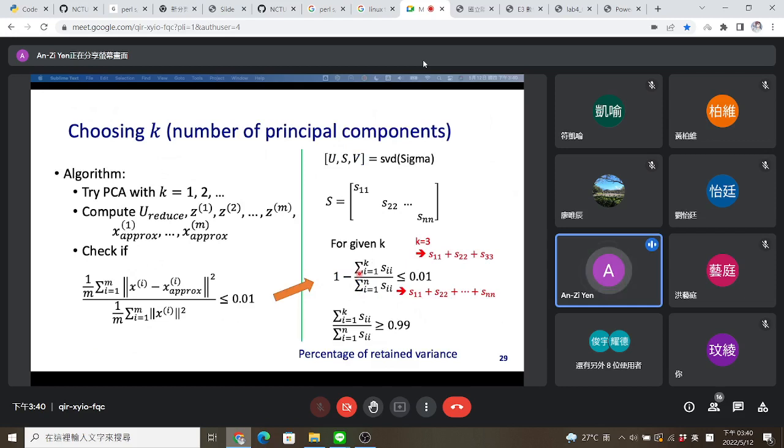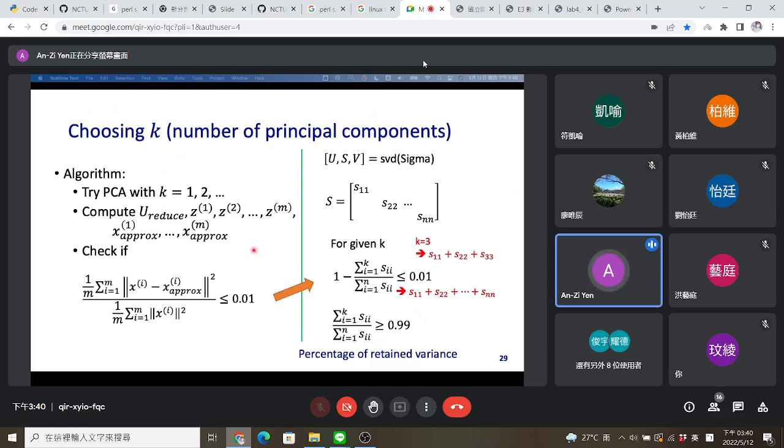we implement the algorithm? Here's one algorithm we might use. To choose the value of k, we may start off with k equals 1, then we run through PCA.